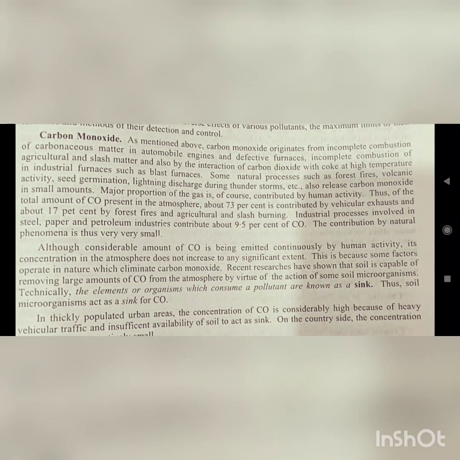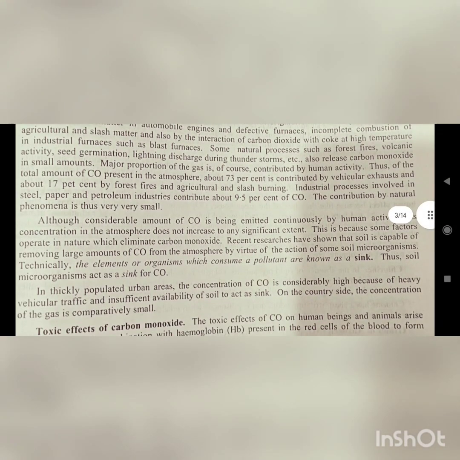Major portion of the gas is of course contributed by human activity. Thus, of the total amount of CO present in the atmosphere, about 73% is contributed by vehicular exhaust and about 17% by forest fires and agriculture and slash burning.